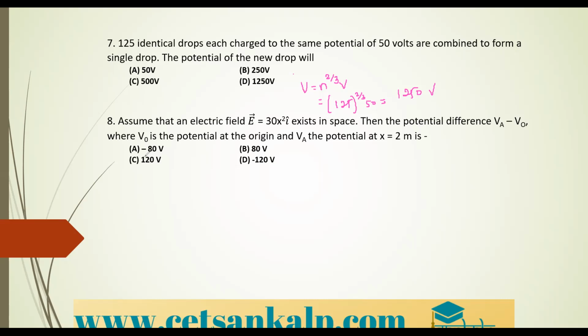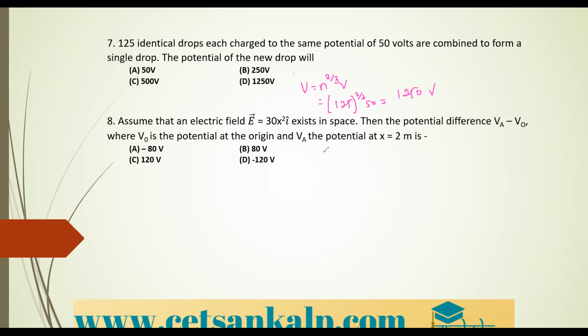So you have an electric field E equal to 30x square into i cap existing in space, and you need to calculate VA minus V0.